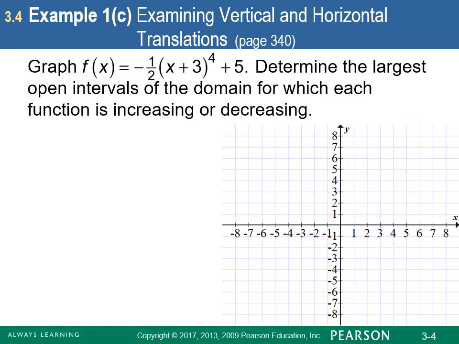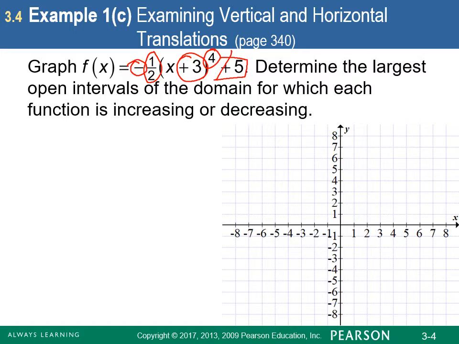We can do this from what we have learned previously. I will mention, however, that this is a 4th degree polynomial. We know it's shifted up 5 units and shifted to the left 3 units. It's going to be upside down, and it's going to be squeezed down.